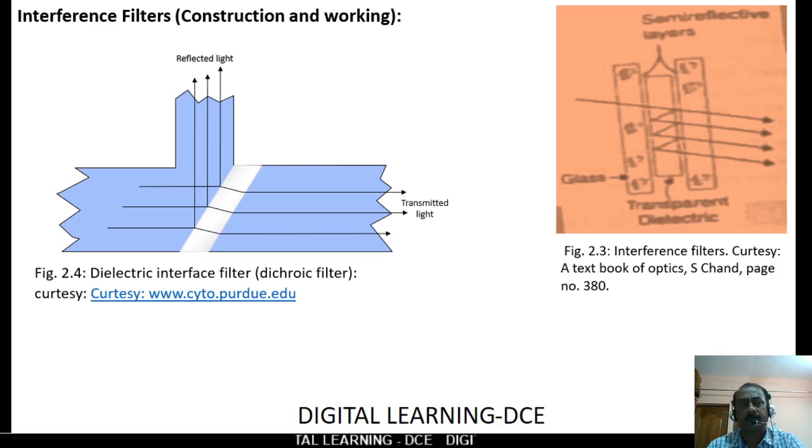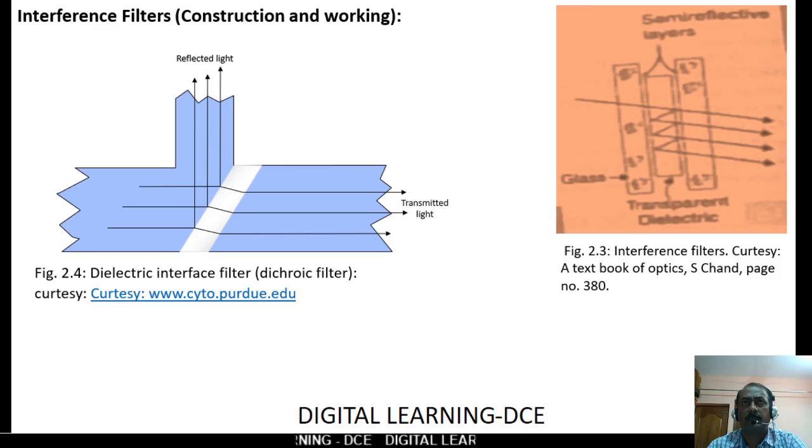Interference filters using this principle can be prepared by the modern vacuum deposition technique. A thin metallic film of aluminum or silver is deposited on a substrate, usually a glass plate, by vacuum deposition techniques.